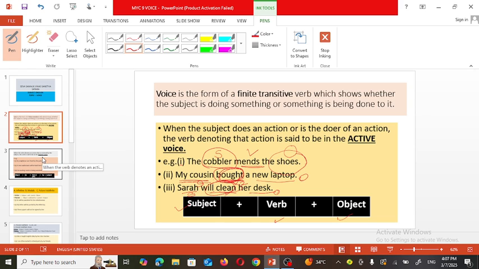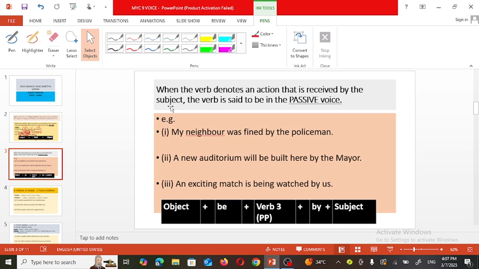Now let's see when the sentence is in passive voice. When the verb denotes an action that is received by the subject, the verb is said to be in the passive voice. For example, my neighbor was fined by the policeman. Actually, fine is the verb.